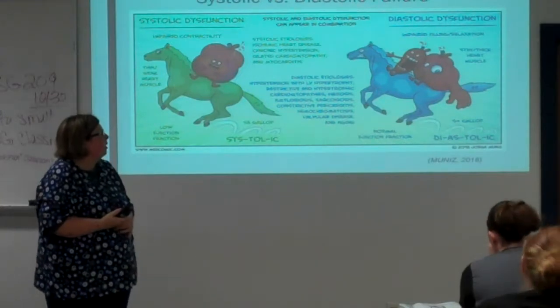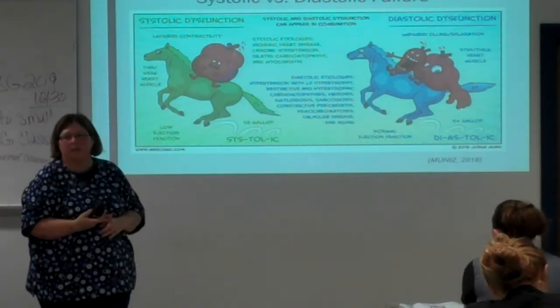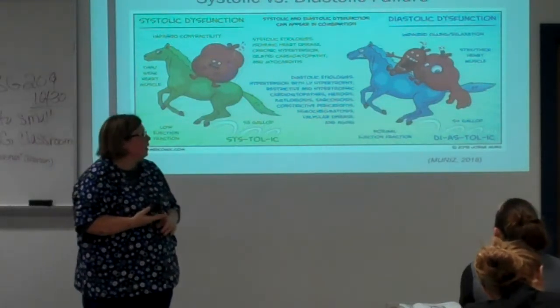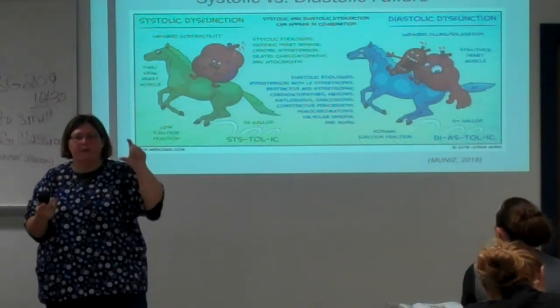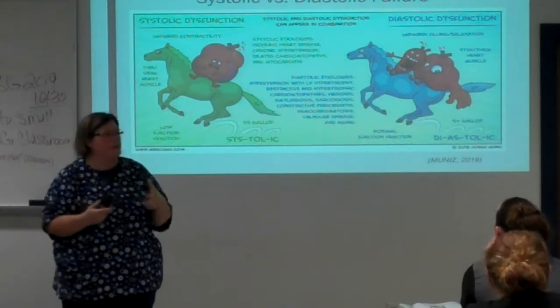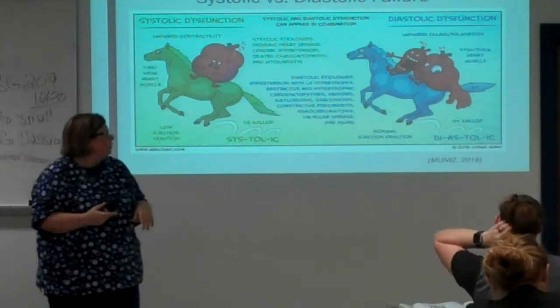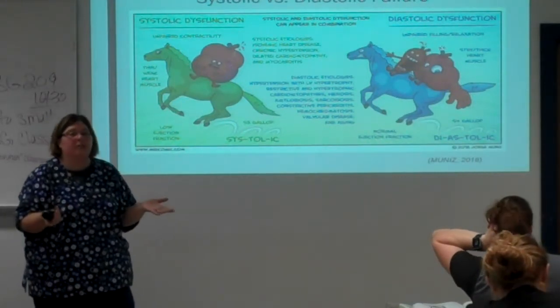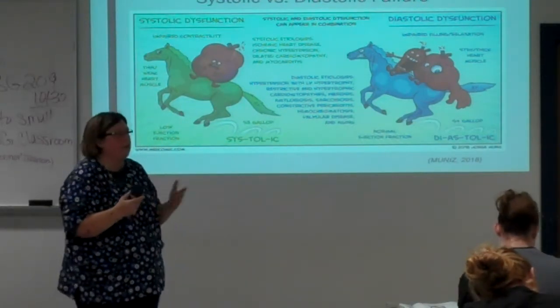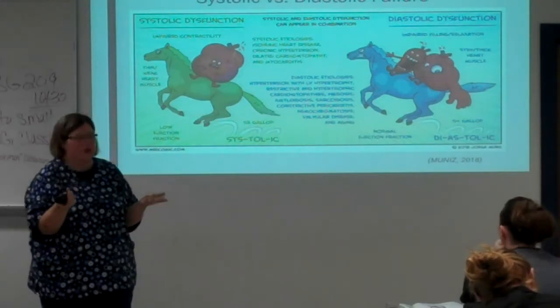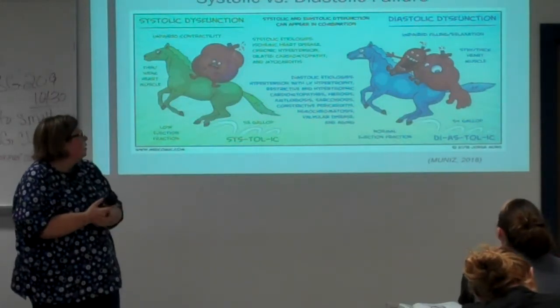Then diastolic is going to be impaired filling and relaxation. This is when I showed you on the first PowerPoint that the muscle is thick. You have a normal ejection fraction with diastolic heart failure, so an ejection fraction would not tell us anything.